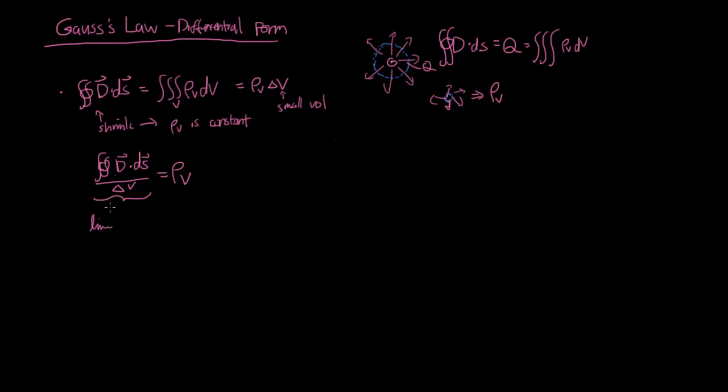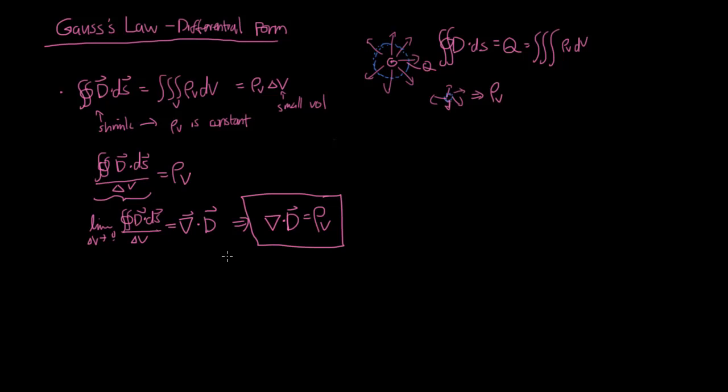When you take the limit of this expression, the closed surface integral of a vector field divided by the volume, where you take the volume all the way down to 0, we're going to define that as the divergence operator, which we write as del dot D. And that gives us Gauss's law in differential form. So Gauss's law in differential form is the divergence of D is equal to rho v.